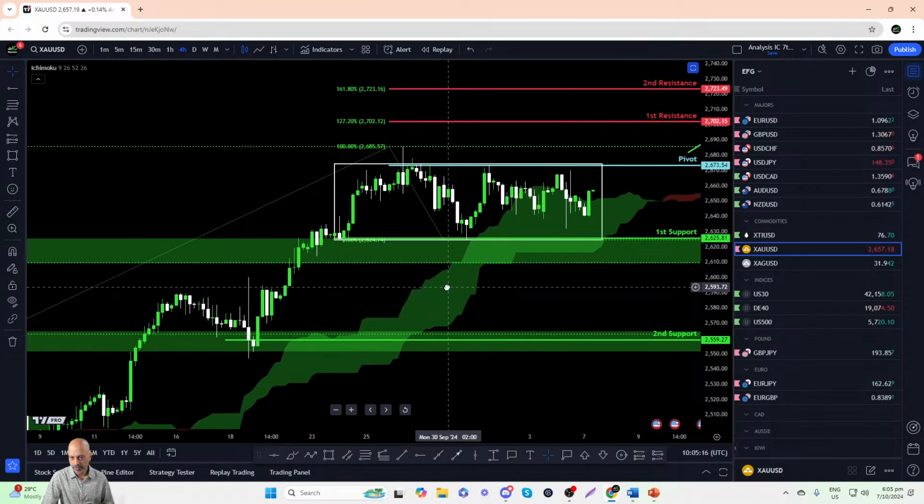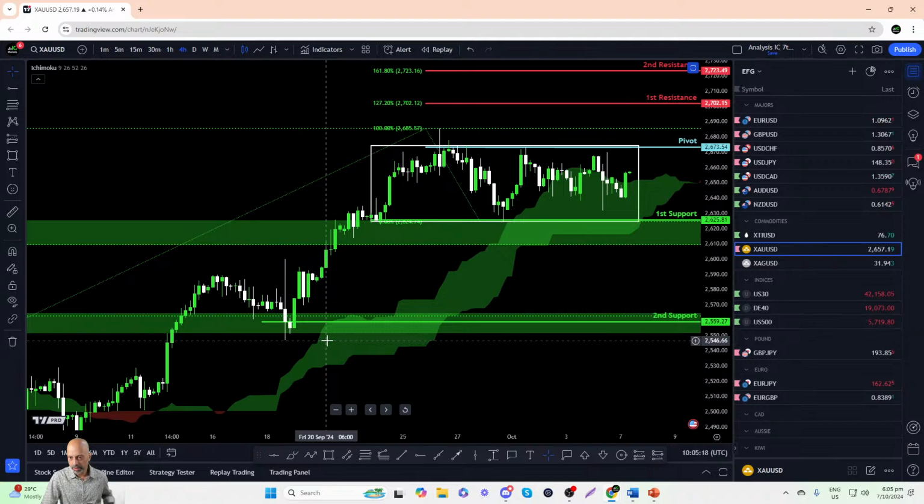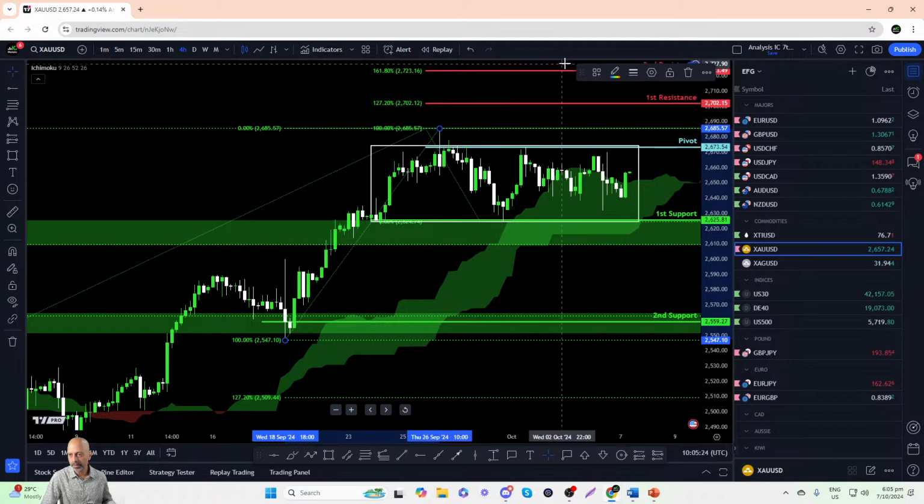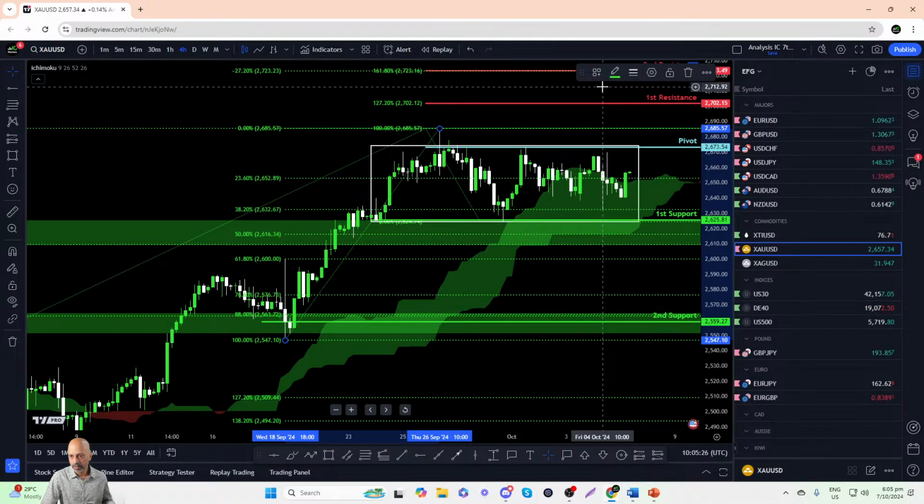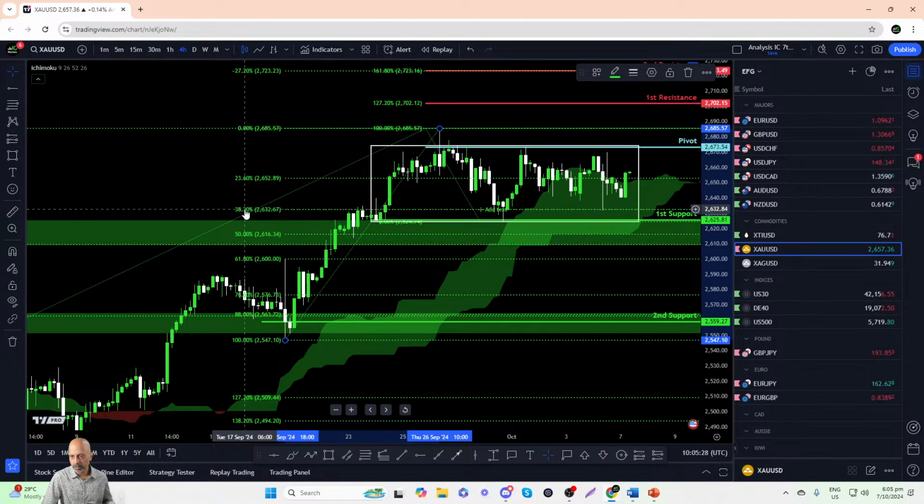Looking at it on a 4-hour time frame, I can probably run one more Fibonacci retracement starting from this swing low on this uptrend here, 18th of September, to the intraday all-time high. Let's pull up all the fibs. We can see a 38.2% retracement that sits quite close to the first support. You can see on 30th of September, gold prices bouncing off the 38.2%. So let's just keep that level on.